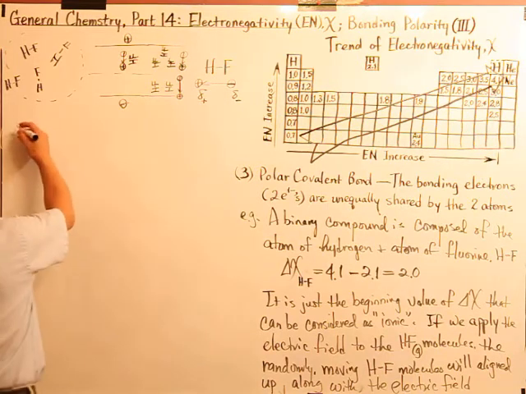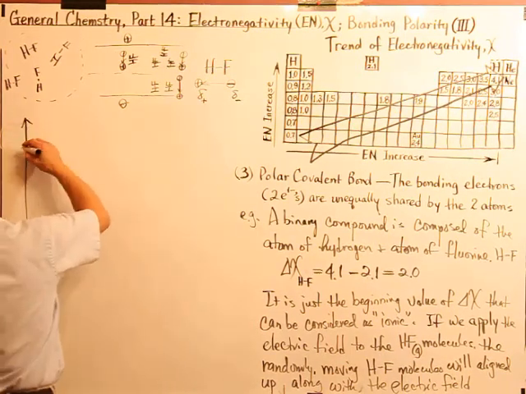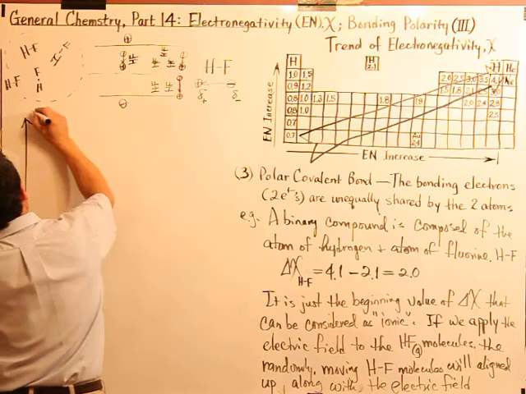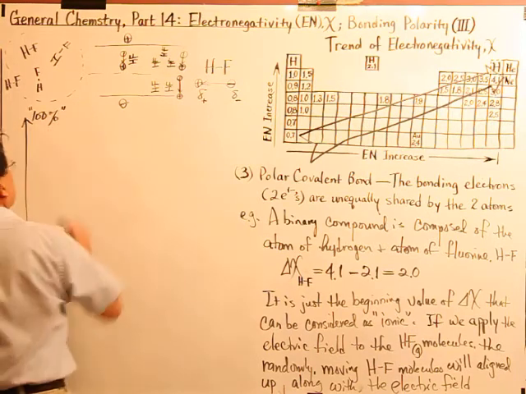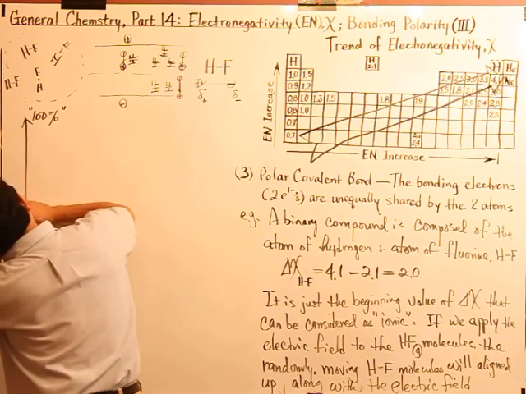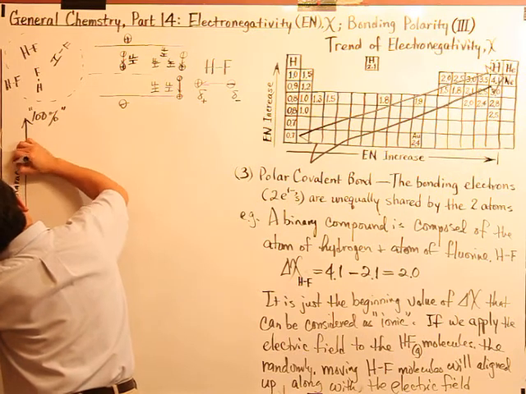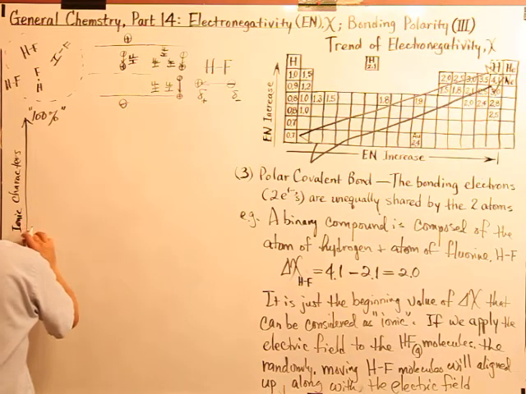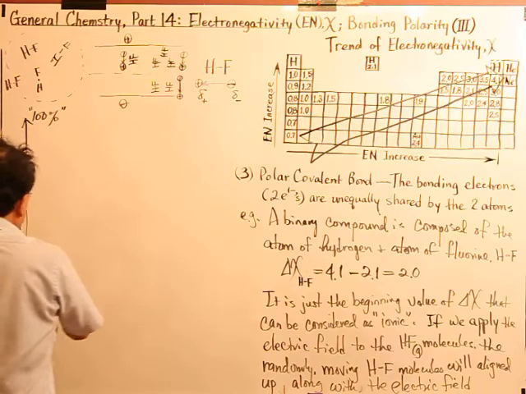So basically, we consider this the character for ionic, let's say 100%. Of course, 100% is not possible, but close to 100%. Here is the ionic character getting to 100%. Down here is lower, not 100%, almost getting down to 0.